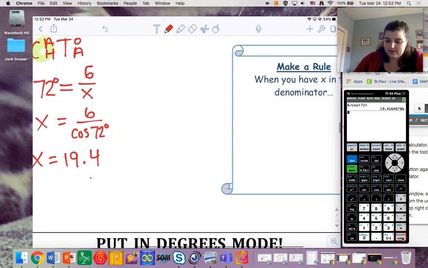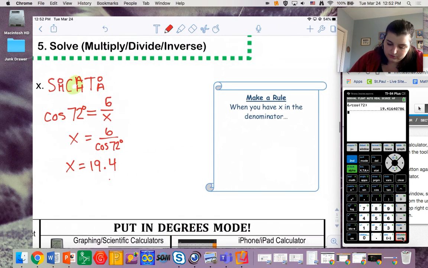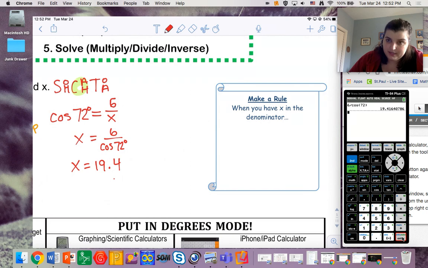So when you have x in the denominator, we are going to divide the numerator by the trig function, right? So x will equal the numerator divided by the trig part. Is it okay if I just put trig part?